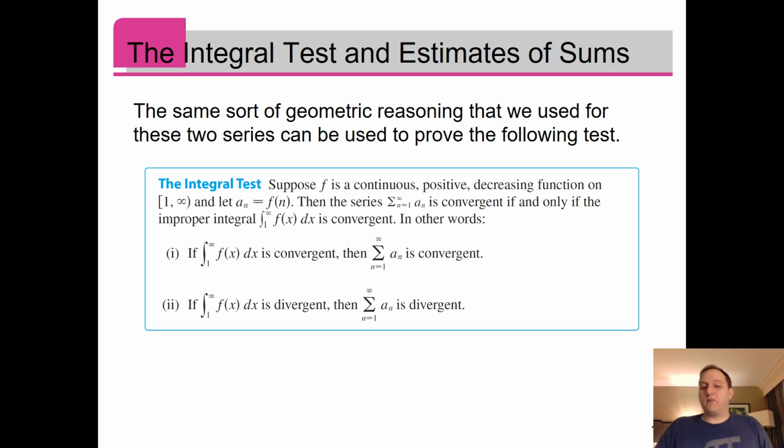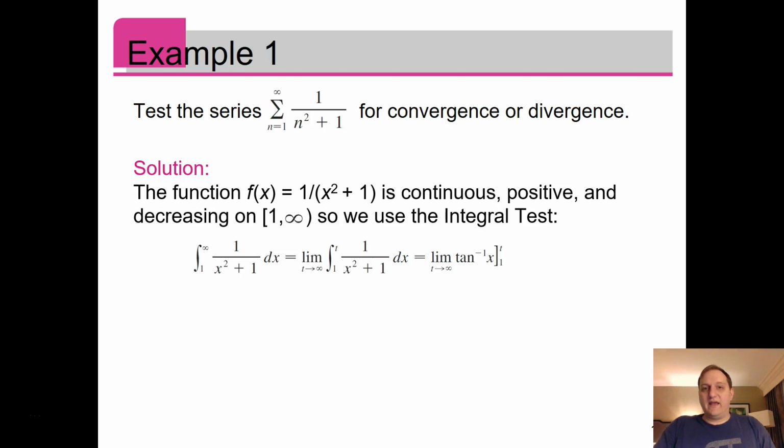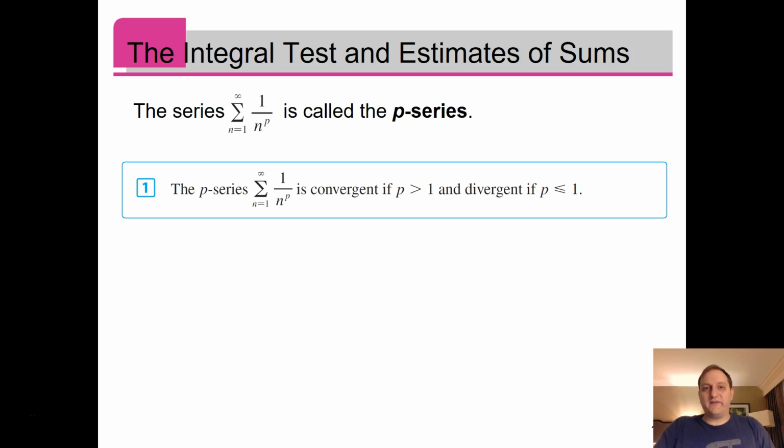So that's main point number 1: the improper integral tells you whether the series converges or diverges, based on whether the improper integral converges or diverges. And then the second part was the p-series test, which says that a p-series converges if p is greater than 1, and diverges if p is less than or equal to 1. And then we explained a little bit why that was true.